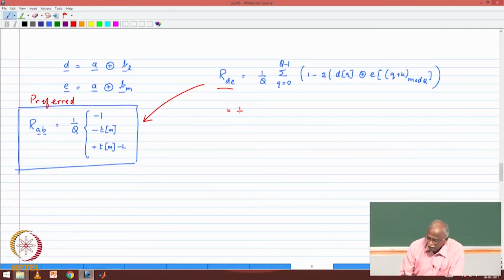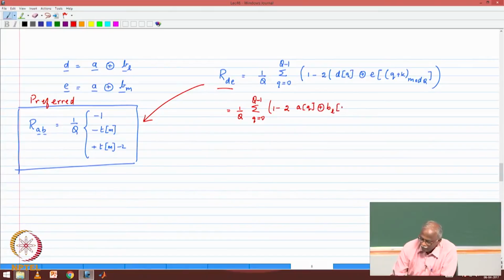So we get 1 over q, summation q equal to 0 through q minus 1, 1 minus 2 times d of q, which is a of q exclusive or with b l of q. Okay, that is d of q.